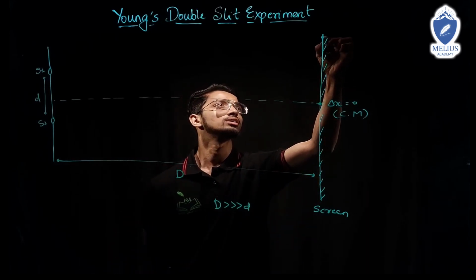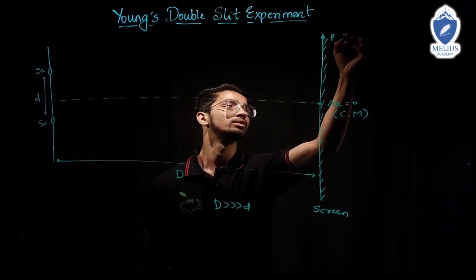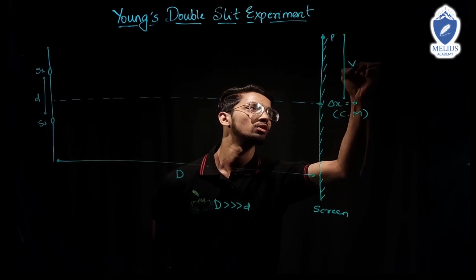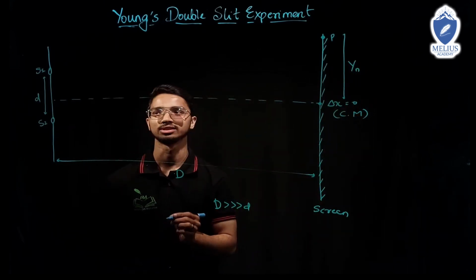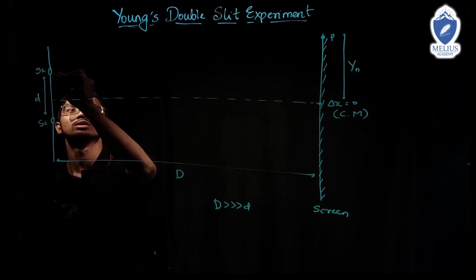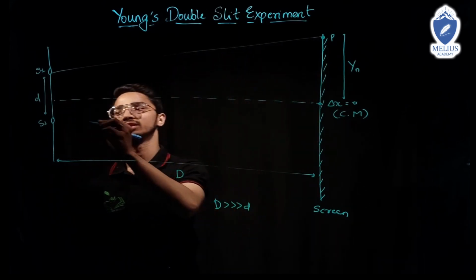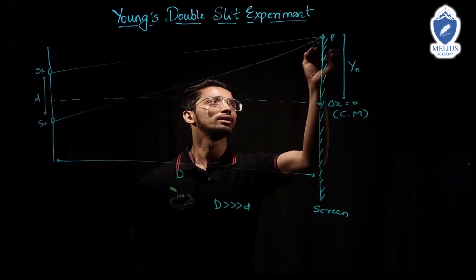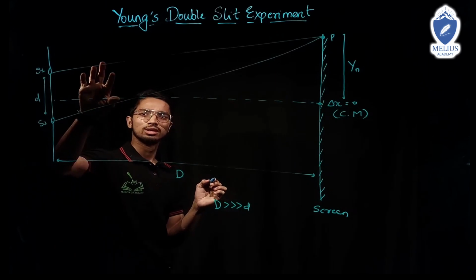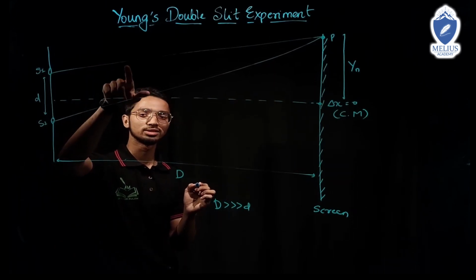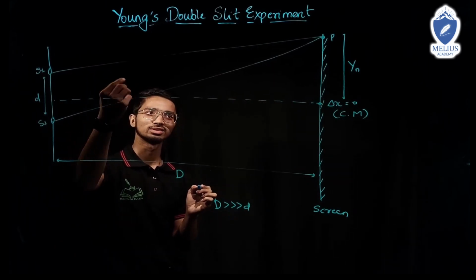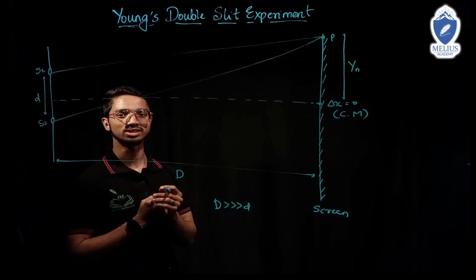Let us assume this point as point P, which is at a distance of yn from the center of the screen. This is one distance and this is the other distance. Don't you think these two lines have traveled the same path, but there is a slight difference?